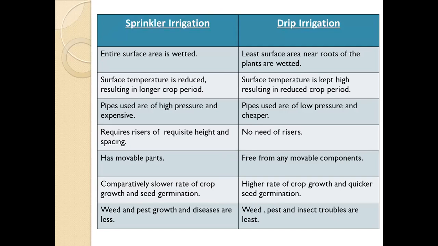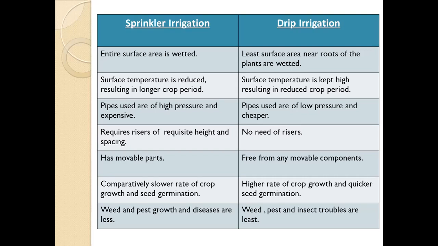Temperature is reduced, resulting in a long crop period in sprinkler irrigation, while in drip, surface temperature is kept high, resulting in a reduced crop period. Pipes used are high pressure and expensive in sprinkler irrigation, and in drip, pipes used are low pressure and cheaper. Risers of required height and spacing are needed in sprinkler, while in drip irrigation there is no need for risers. A sprinkler has movable parts, while the drip technique is free from any movable components.